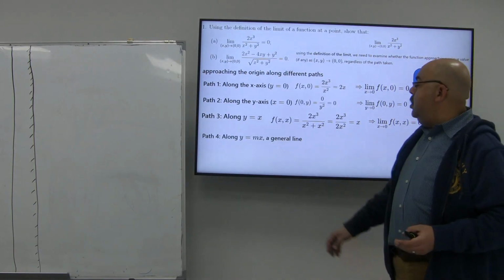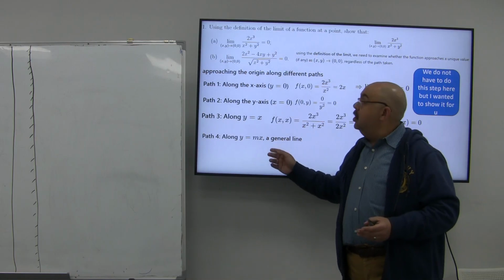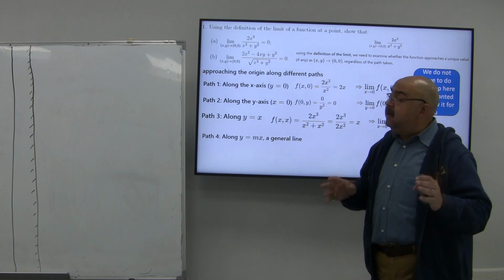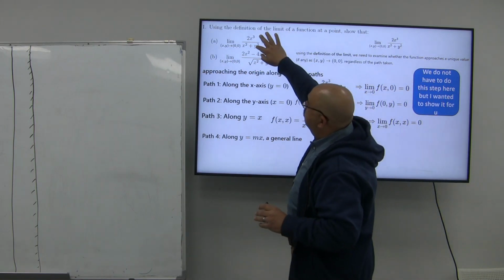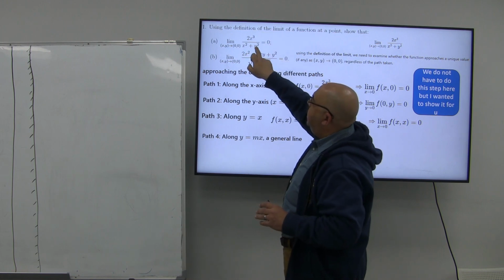Okay, let's try any value in x: the straight line y equal to m of x. Same manner, same treatment. I will start replacing y by m x. So I will have 2x cubed over x squared plus m squared x squared.